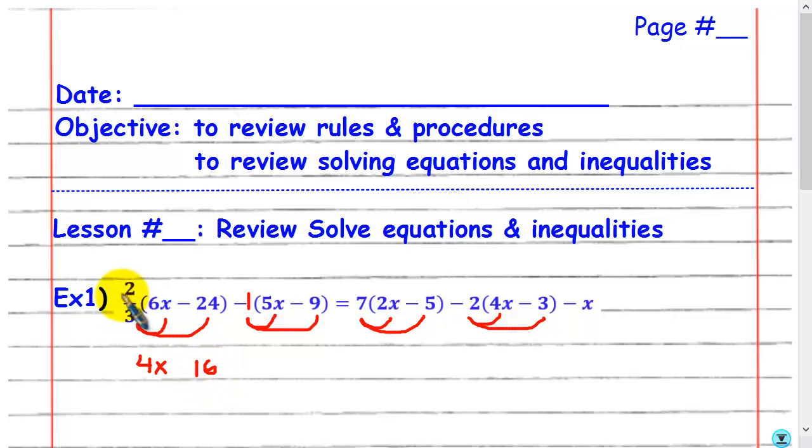And we cannot forget the sign. Positive times a negative is a negative. Then we're going to do negative 1 times 5x is negative 5x. And negative 1 times negative 9 is positive 9.